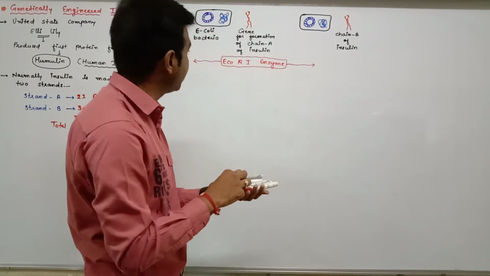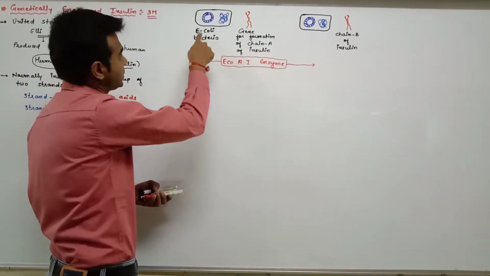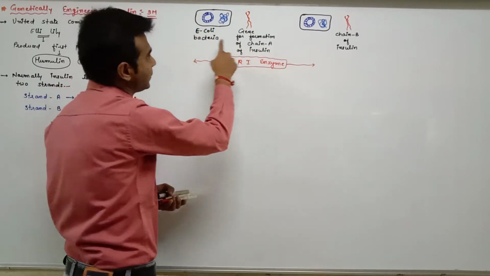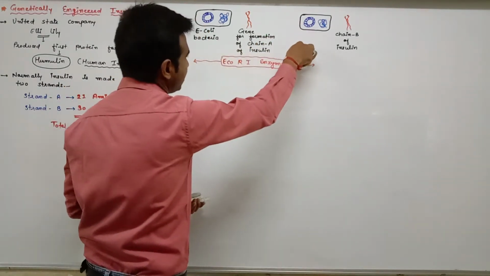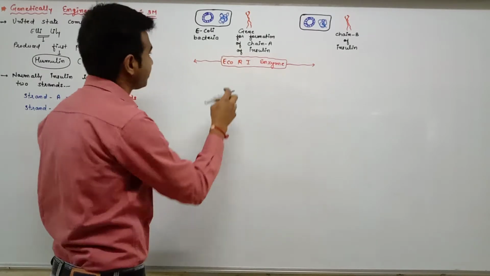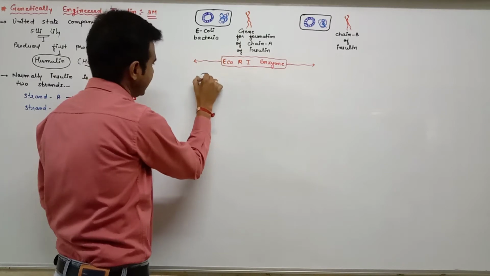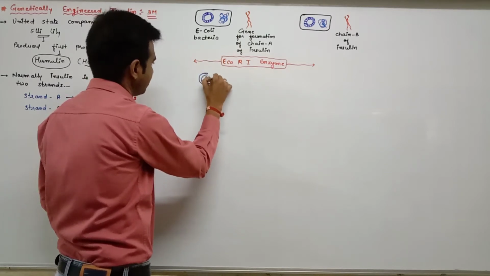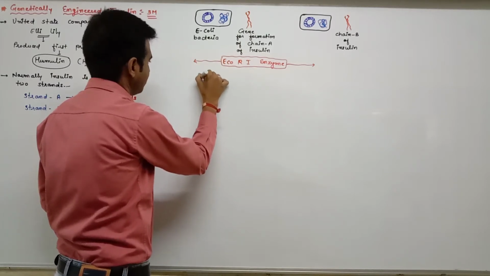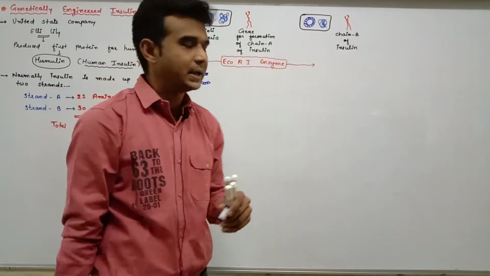So here what happened? First of all, you remove the plasmid from the E. coli bacteria from here and here. So now here what happened? The Escherichia plasmid sticky end is there. All students, please understand here.